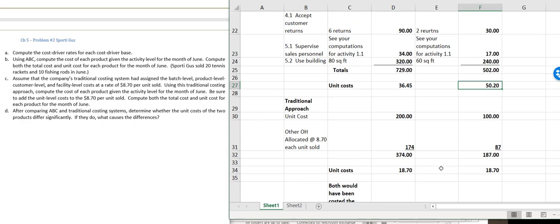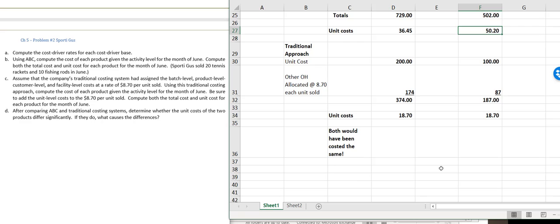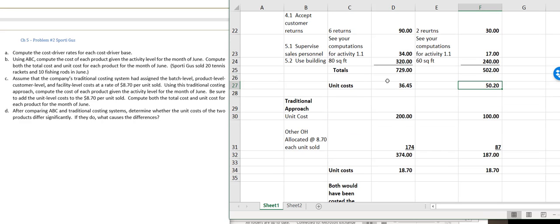Now in the traditional approach, here's our unit cost, $200 per tennis racket. I didn't realize they were that expensive. You can tell how long I haven't played tennis. And $100 per fishing pole. The overhead is allocated at $8.70 per unit, so that would be $174 and $87 for the fishing pole.